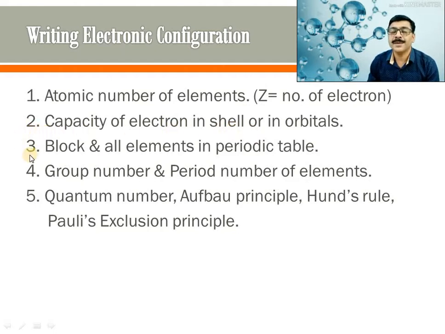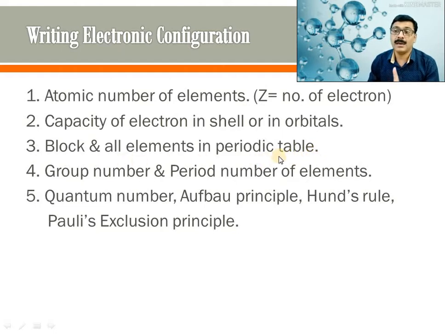Then the third term, you have to remember the block, on which block the element is present. It is present in the s block, p block, d block, or f block. Means you have to know the block of all elements in the periodic table.